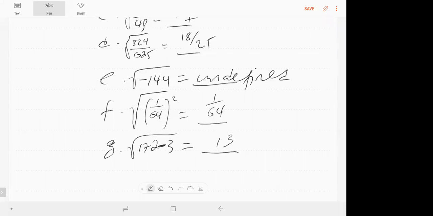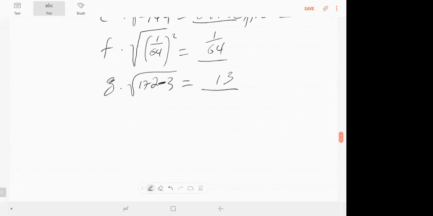The reason why? Because for any two rational numbers A and B, if A squared is equal to B, we say A is the square root of B. So the radicand cannot be a negative number. Always it is positive or 0. That's why we answer as undefined or no solution.